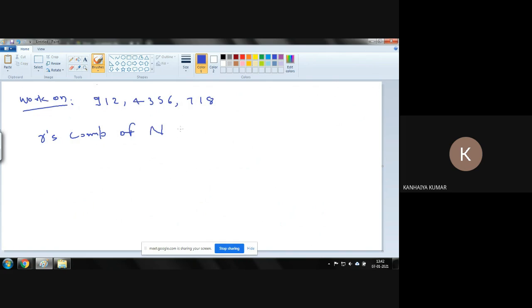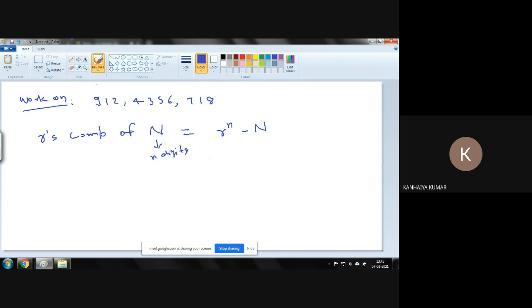Let's say you have an n digit number, and now you have r, so r's complement we are looking for. Its formula is r to the power n, where n is the number of digits, minus the number. So this is your r's complement.